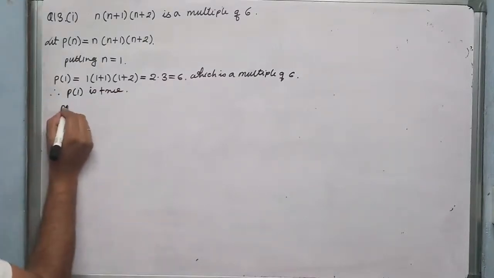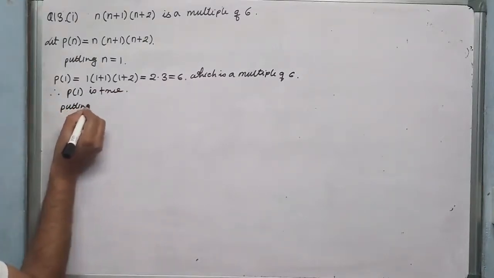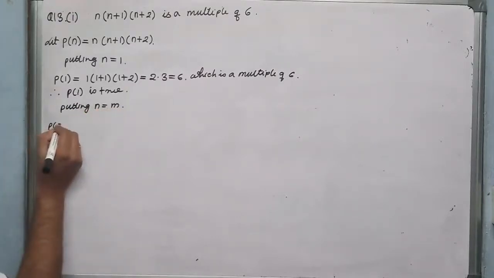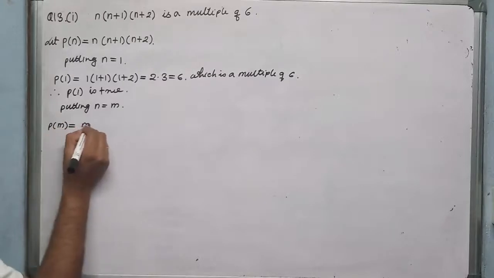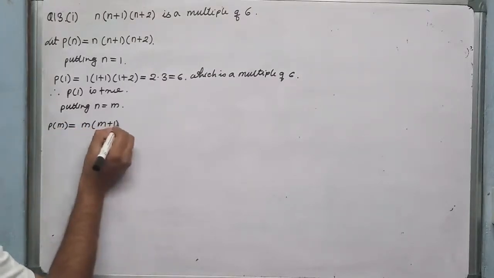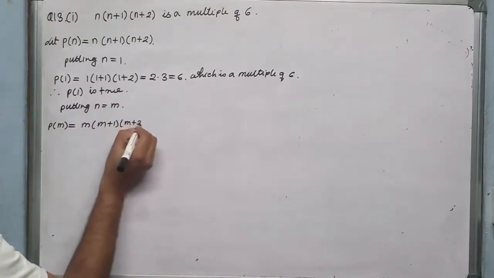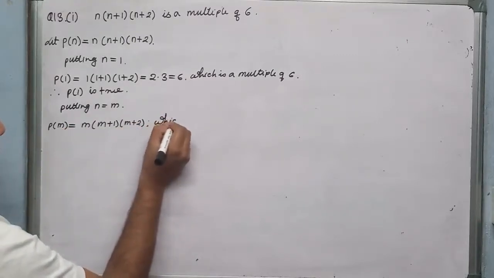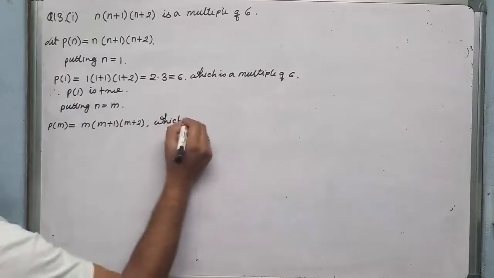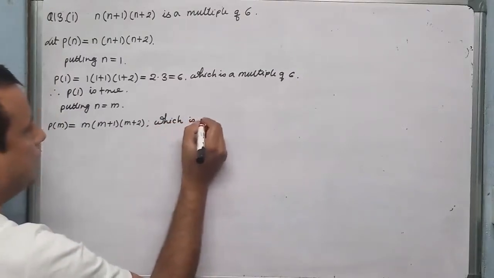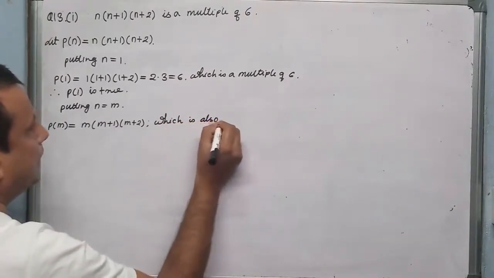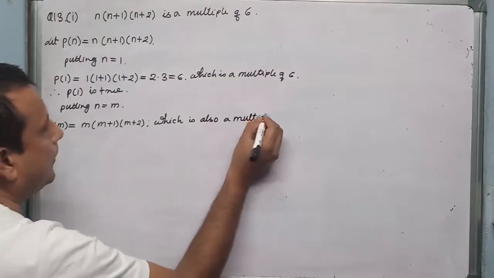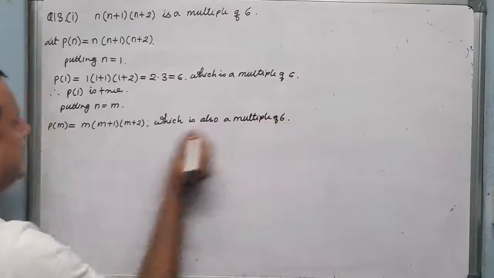In the same way, putting n is equal to m. Now what will you get? Pm is equal to m plus 1, m plus 2, which is also a multiple of 6.